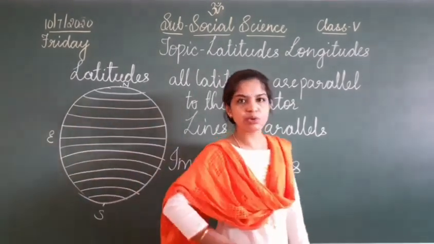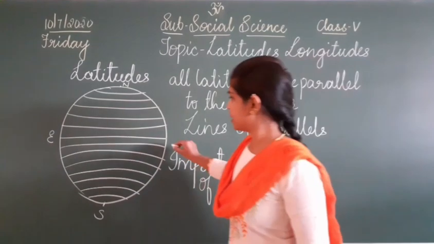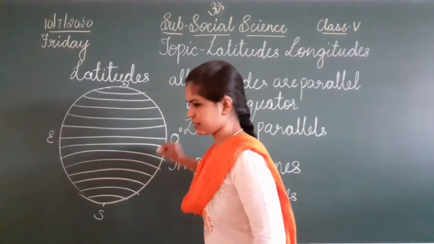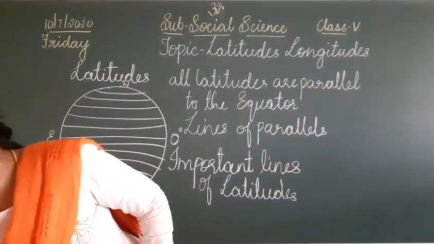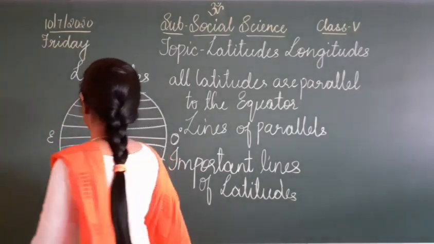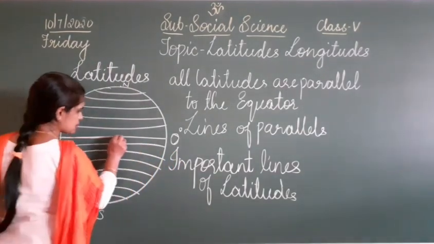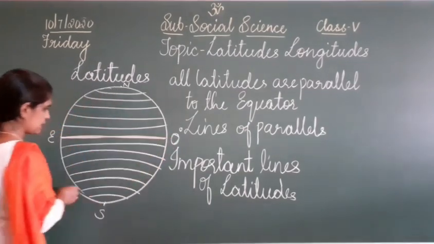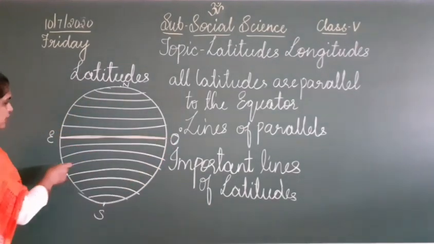And they also have values for them. The first one, equator, will be of 0 degrees. Right? This is of 0 degrees.